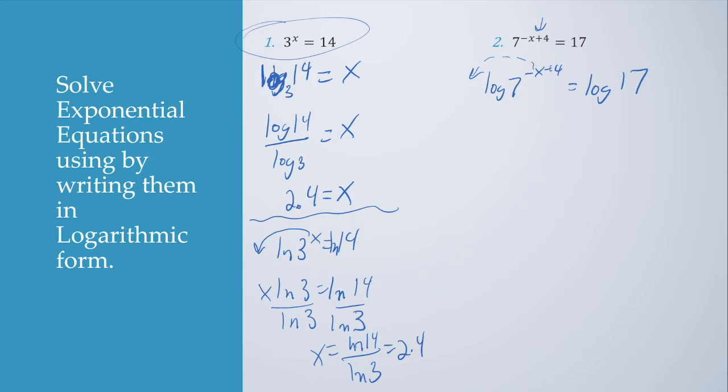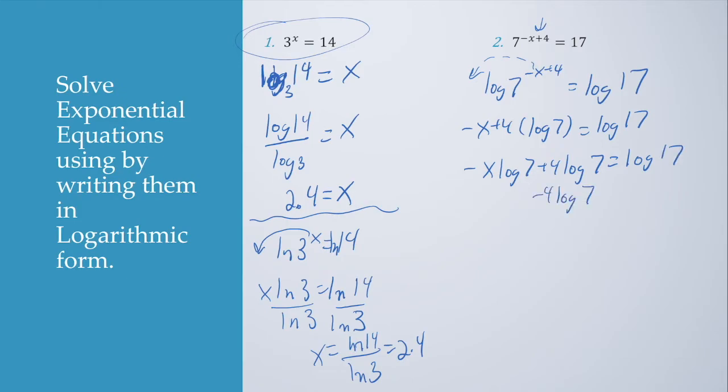But I'm going to solve this one the other way by taking the log of both sides. So I have negative x plus 4 times the log of 7 equals the log of 17. So I have negative x log 7 plus 4 log 7 equals the log of 17. I'm going to subtract 4 log 7 from both sides. Again, we're trying to isolate that x.